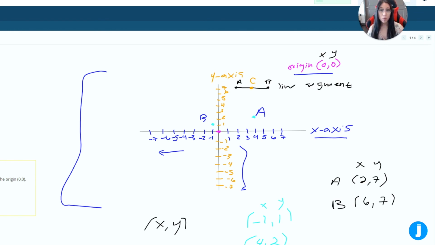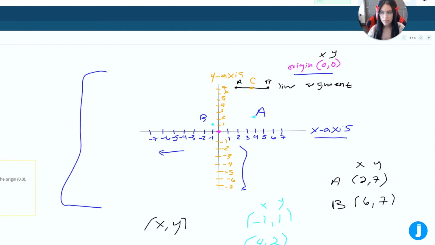Awesome. And then one more term we should talk about is collinearity. And collinearity basically exists when we have points on the same line, right? So if you see here on the segment we just drew, you'll see that A and C are collinear because they're on the exact same line as each other. A and B are collinear, C and B are collinear, right?